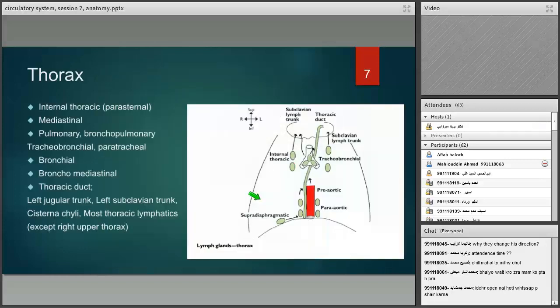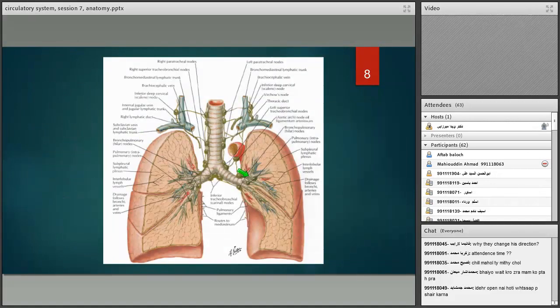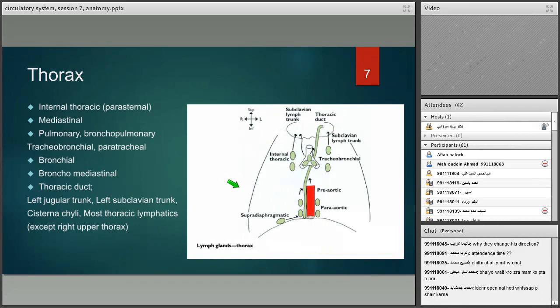After that, we have the bronchopulmonary branches, which are draining the lymph into bronchopulmonary nodes. They are in two groups, superior and inferior bronchopulmonary ones.